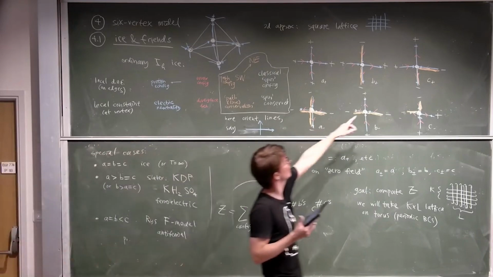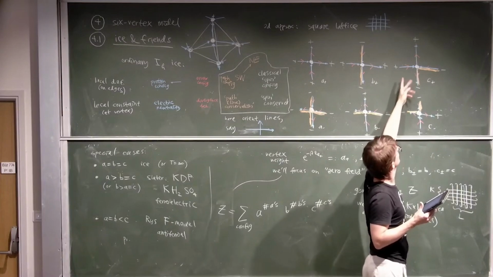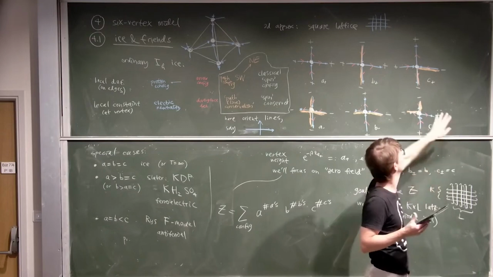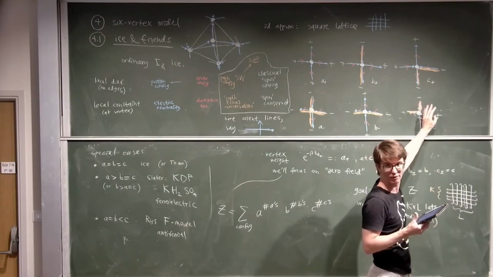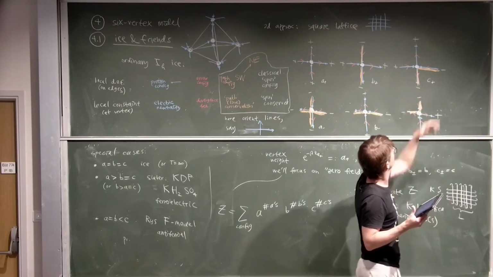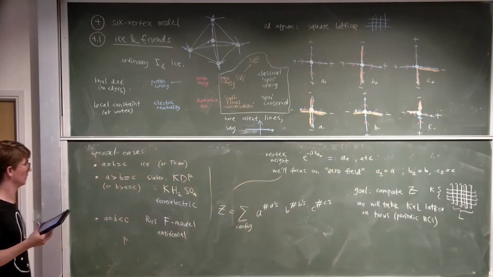So in this case, the C vertex is dominant. So what you see is that these classical spins tend to alternate. There's some sort of staggered polarization. The net polarization at the vertex tends to be 0, but if you count some sort of staggered polarization, you'll see that this tends to be large.